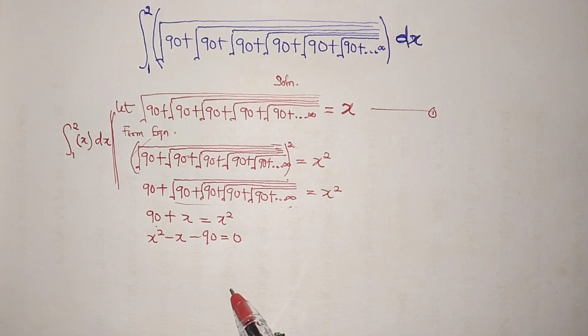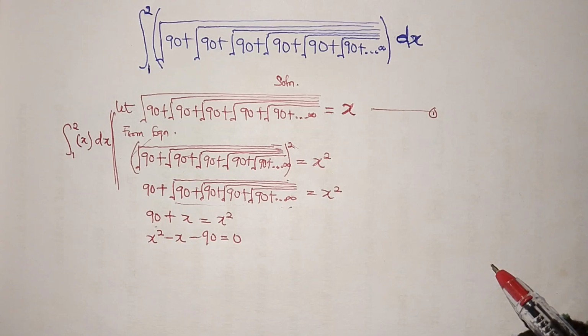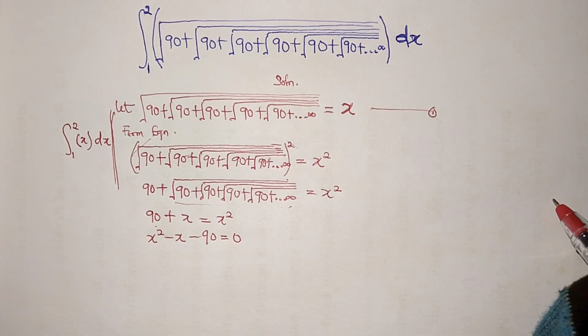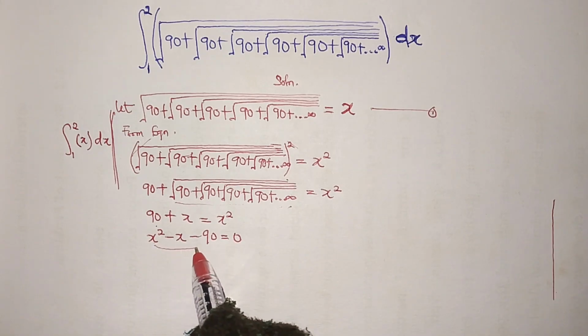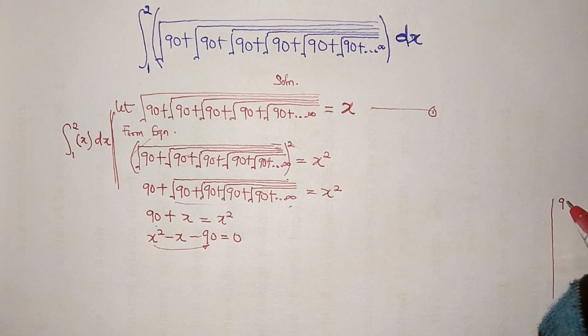We have to determine the factors to solve this quadratic equation, and for us to do that, we multiply x squared by 90. If we multiply x squared by 90, we have 90x squared.